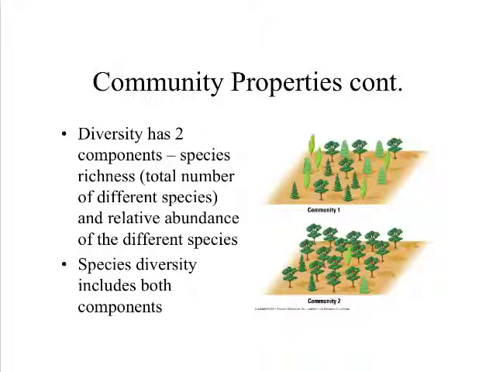The less species rich, the fewer different kinds of species there are in the community. And then relative abundance is how many of each of the different kinds of species there are. So species diversity includes both components, species richness and relative abundance.